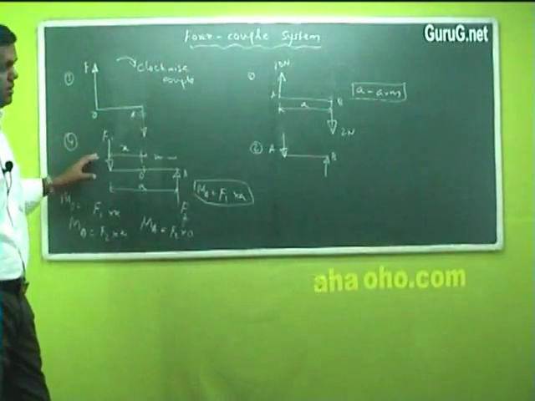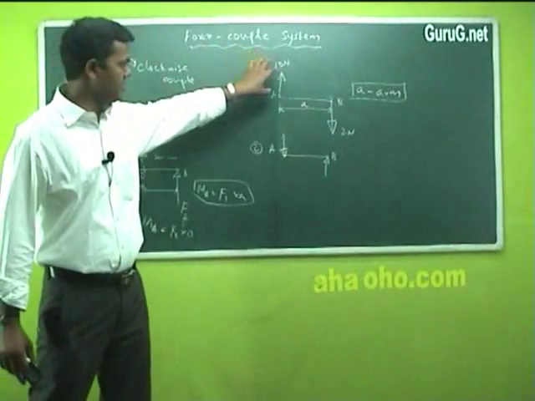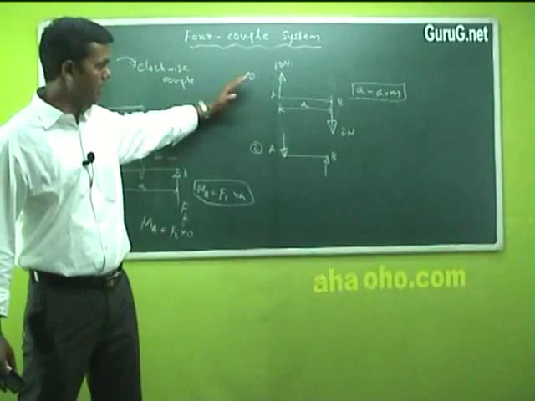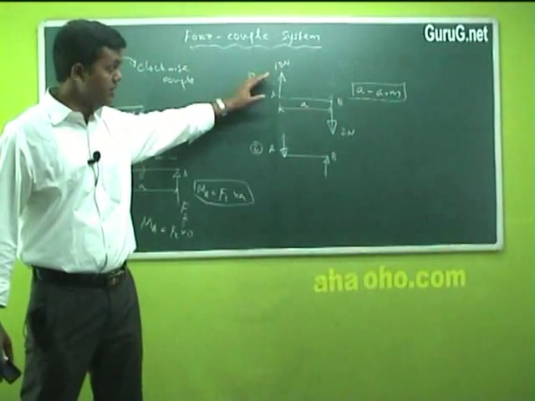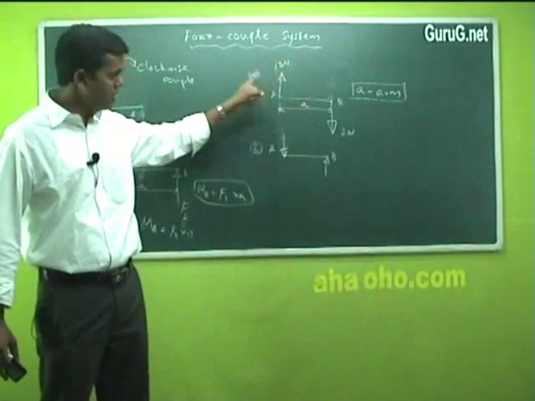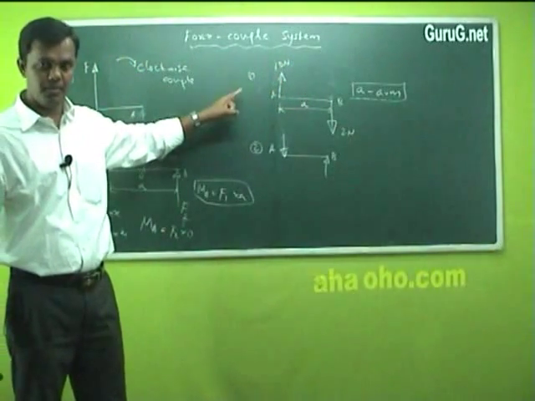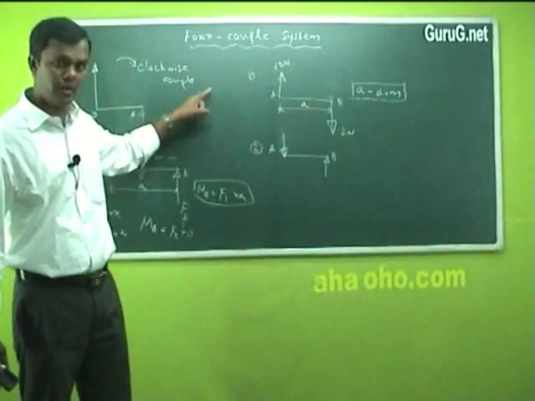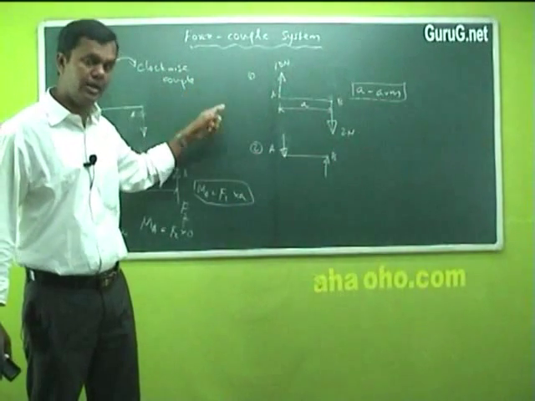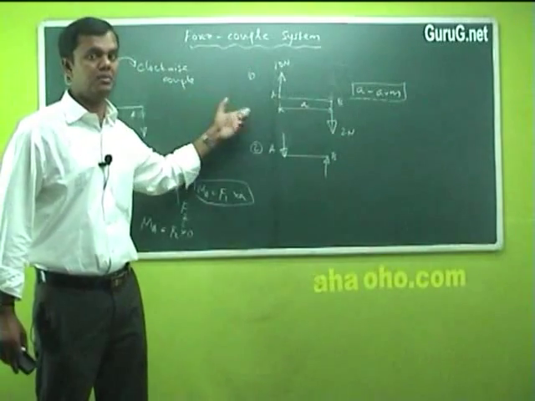That is very important. So a couple is the one that, apart from a vertical force, a horizontal force, an inclined force, gives a twisting moment. So this is also a part of the forces applied to a body, which we have to consider and analyze to keep the body in equilibrium condition.